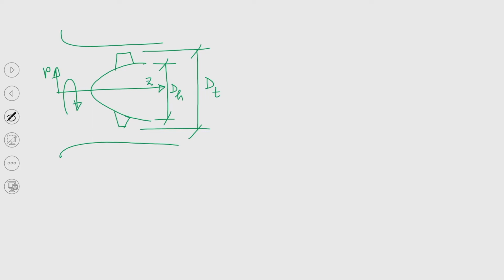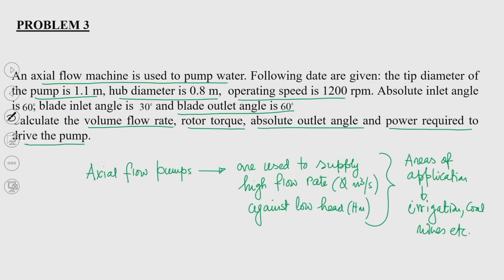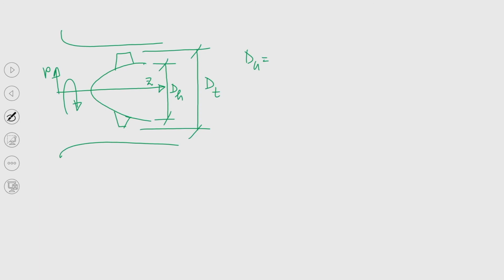Okay. And it is given that the half diameter of the pump is 0.8 meter and the tip diameter is 1.1 meter. This is quite obvious, definitely the tip diameter will be higher than the half diameter from the geometry.